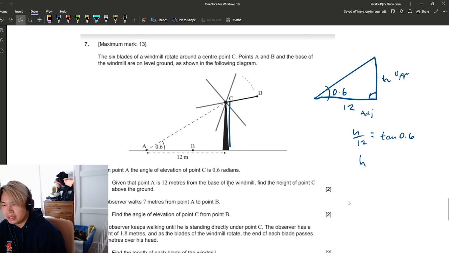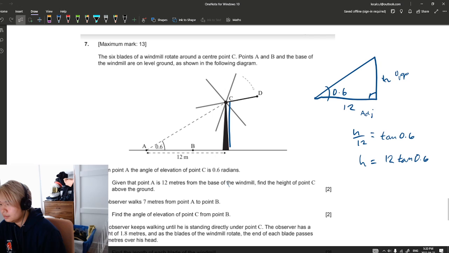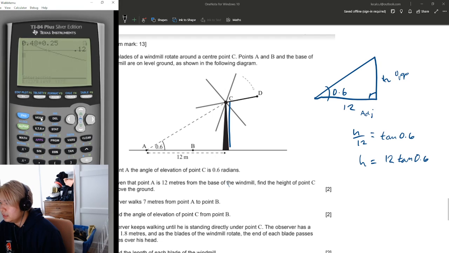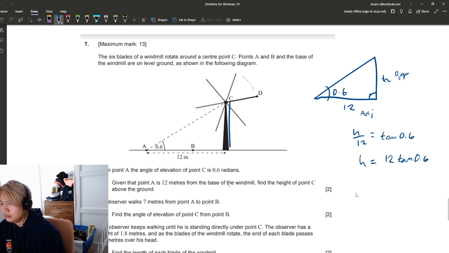Therefore, the height of point C is going to be 12 times tan 0.6. Okay, so just make sure that you are in radian mode when you put this into your calculator. 12 times tan 0.6, 8.21. So this is 8.21.